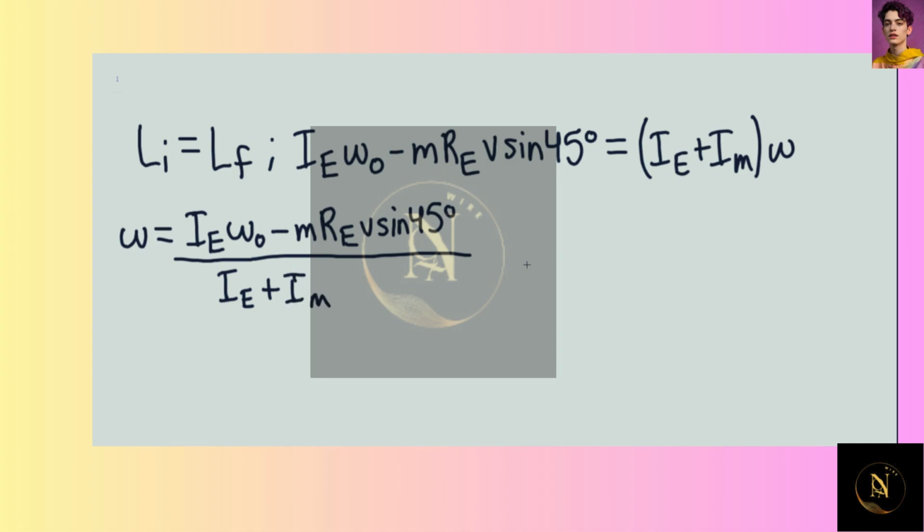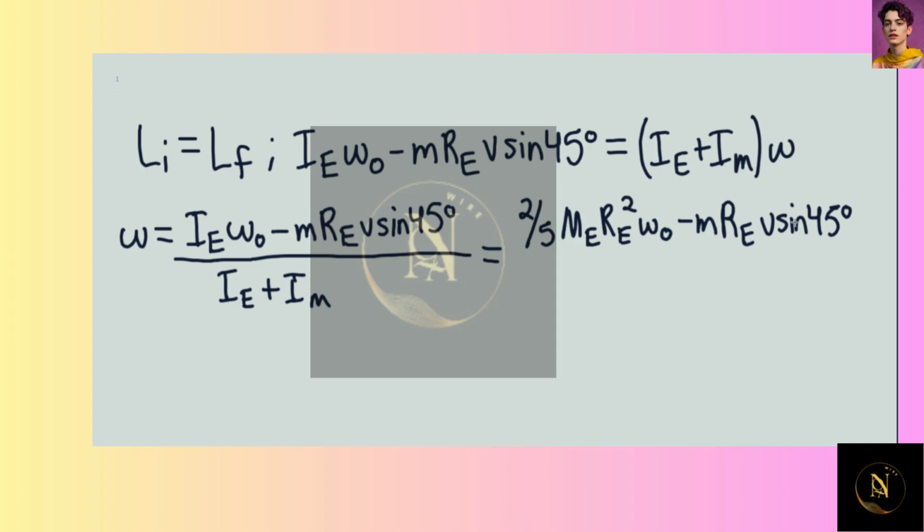for the meteorite. This would be equaling, we can model the Earth as a sphere, and this would be 2/5 times the mass of the Earth, radius of the Earth squared, times the initial angular velocity minus m r sub e v sine of 45 degrees.